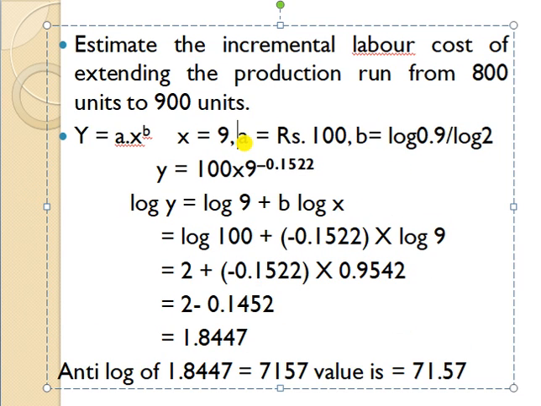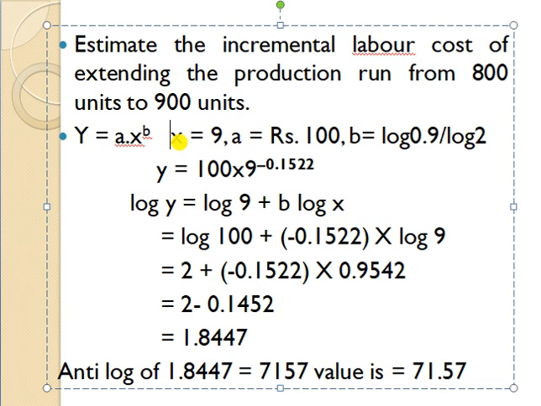You can check this, correct? Log 9 in the sense of the 90% learning curve, and log 2 is the usual formula. So now y equals, just check x equals 9, you need to see the problem.